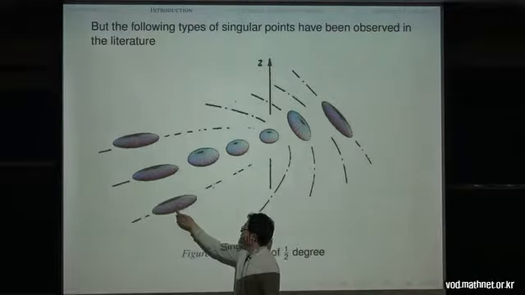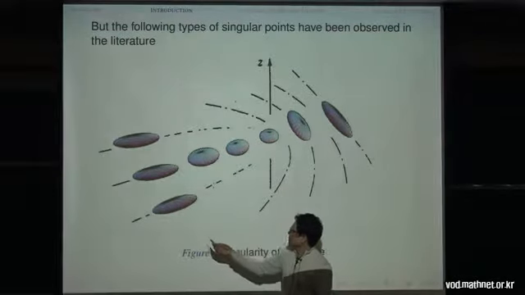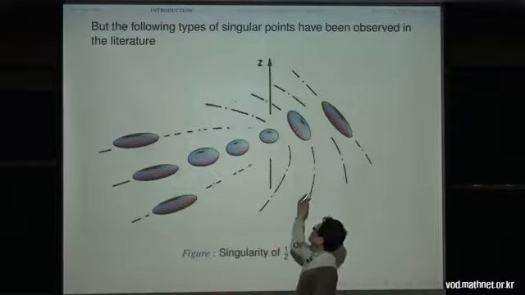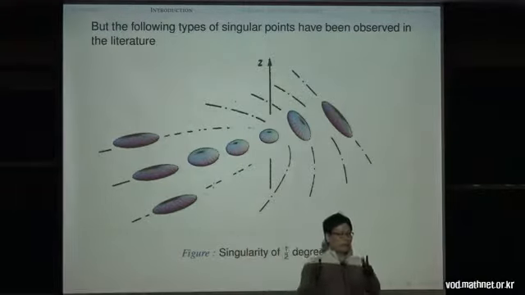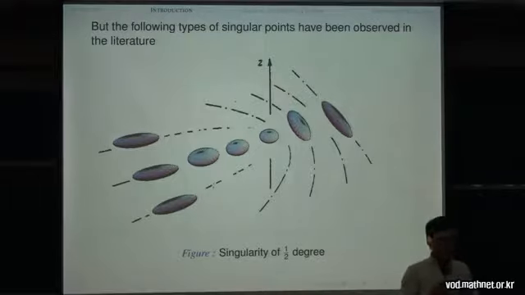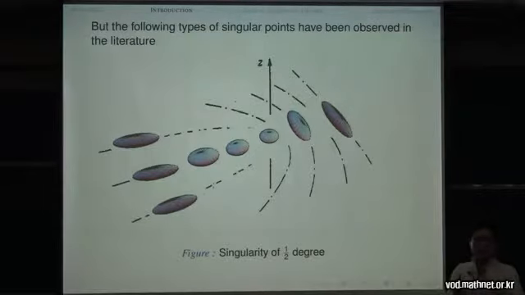So when you look at the direction of molecules along this curve, it rotated only 180 degrees instead of 2 pi. It rotated only pi.